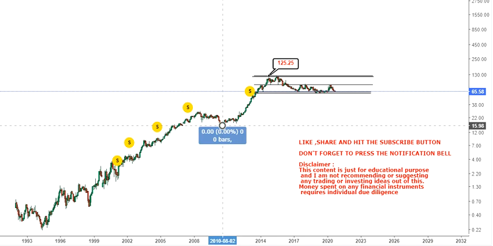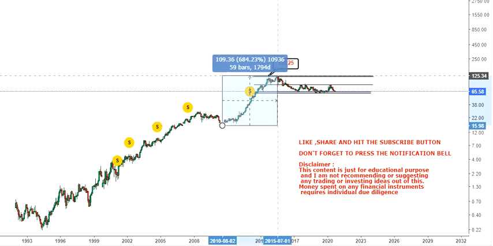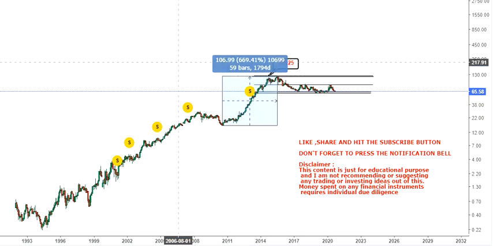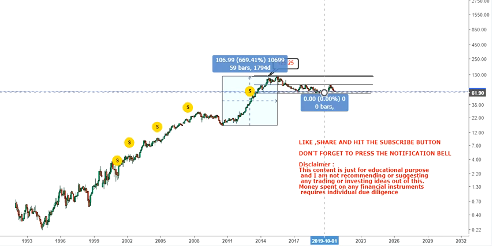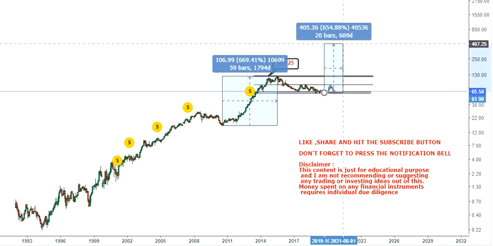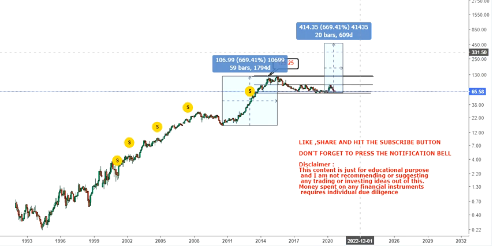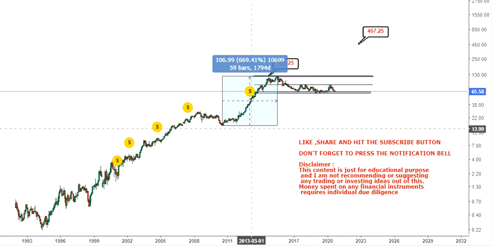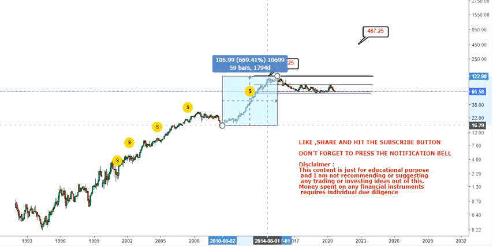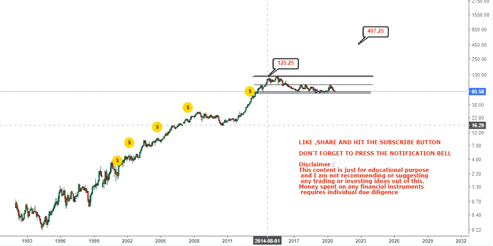For this, we measure the length of the previous trend, which is about 670 odd percent. We can replicate the same length on the upside. If the stock moves above 126 odd dollars, then as a big target, what we could probably see on the upside is 467 odd dollars.